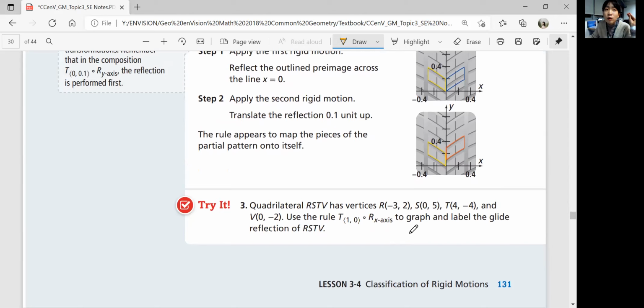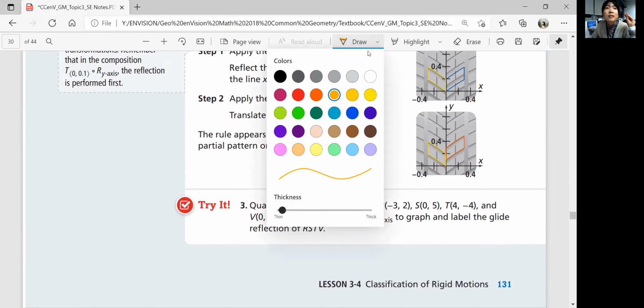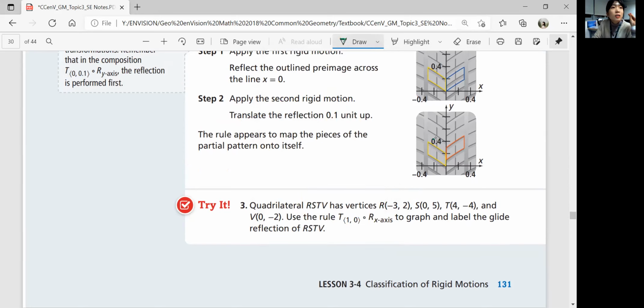Try number 3, quadrilateral RSTV has vertices, this, and this. Use the rule T of R, which means translation of one unit to the right after you perform reflection across the x-axis, to graph and label the glide reflection of RSTV. Okay, let's plot the points.